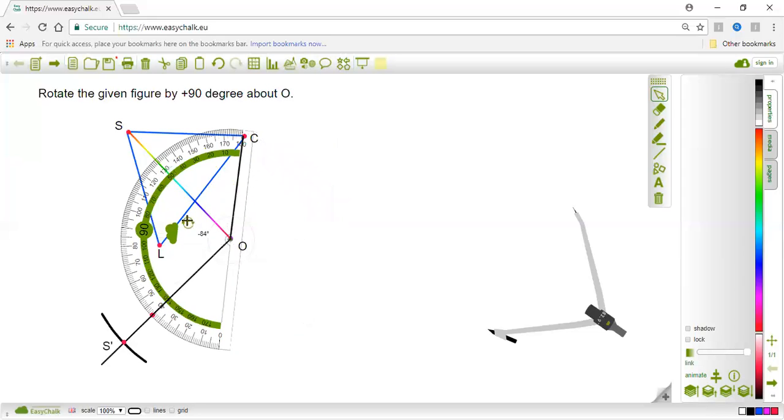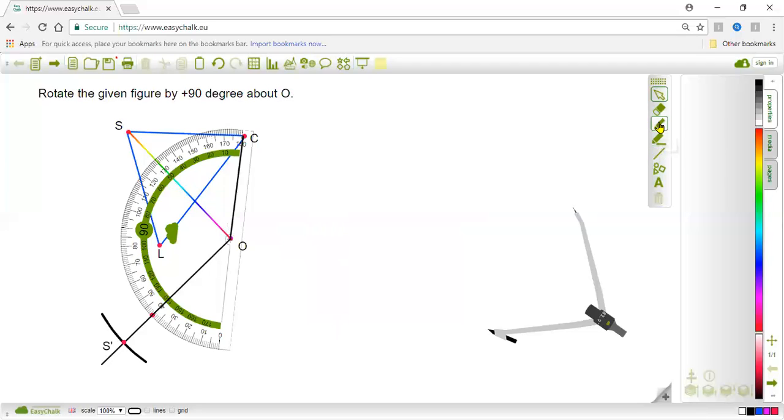So we have to put our protractor like this over this line CO at this point O, and then the angle will be 90 degrees in the anti-clockwise direction.